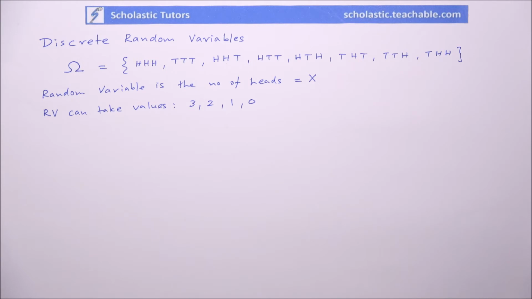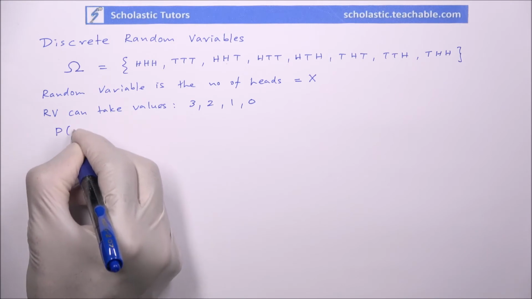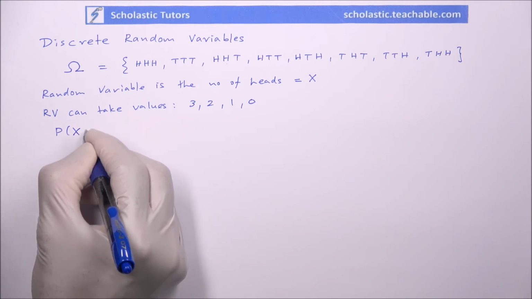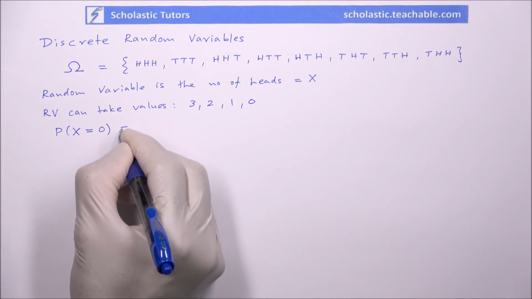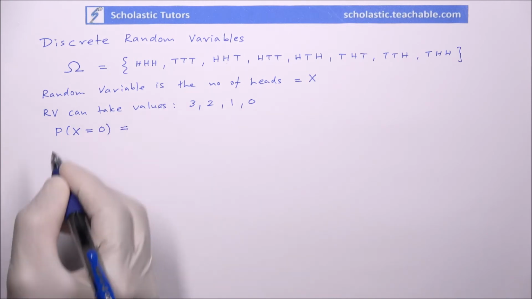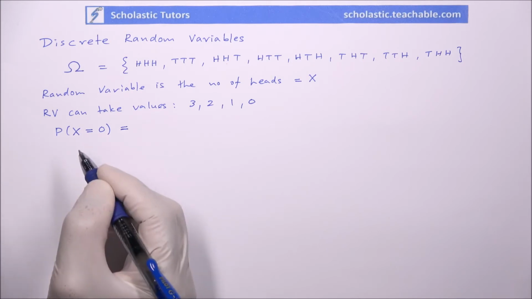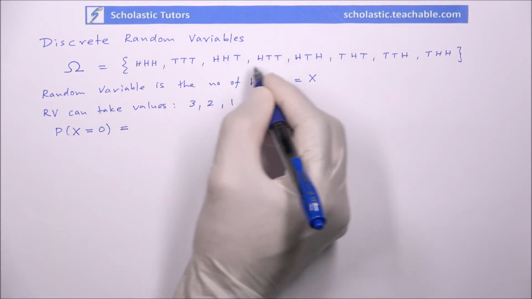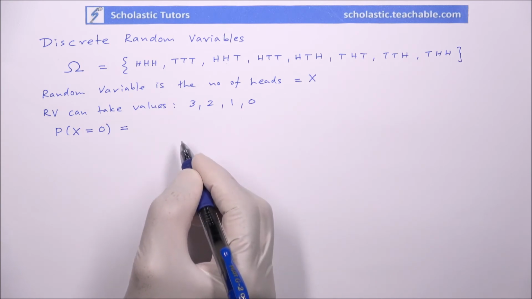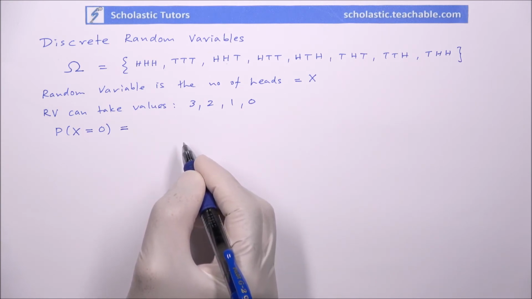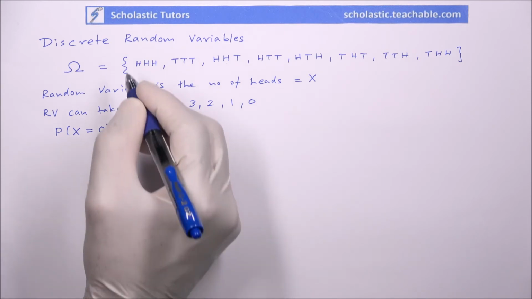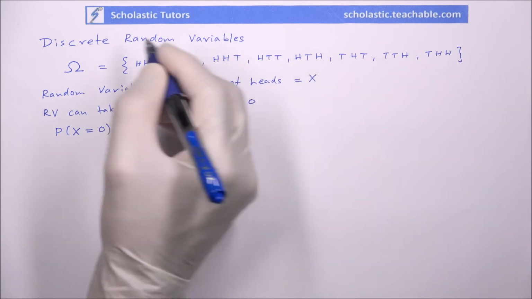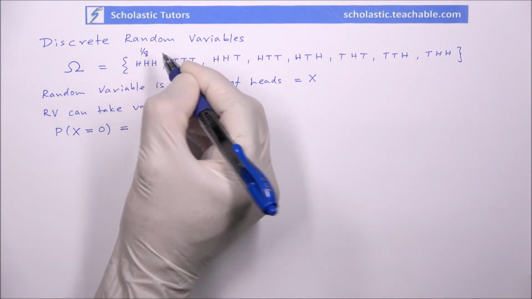Now we can define something like the probability of random variable x to take value 0. What is the probability of x taking value 0? If you look at this sample space, they are all equiprobable, because we assume these are fair coins. Therefore there are 8 possibilities, and each one will have a probability of 1 over 8.